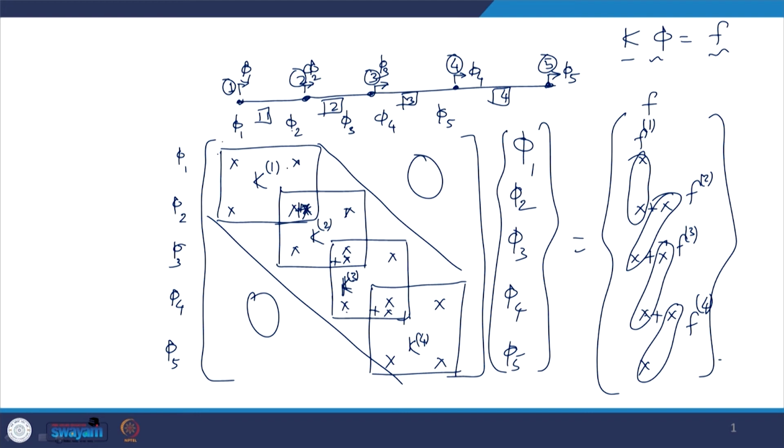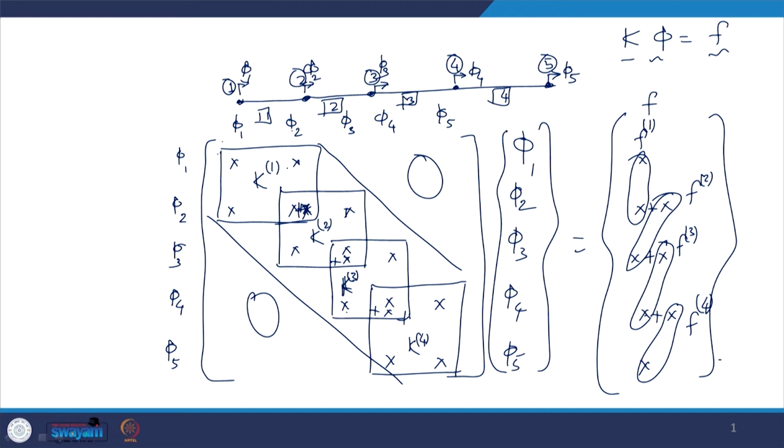The zone of influence is limited to the immediate neighborhood of the element, the degrees of freedom which they share with the adjacent elements. So, that way the structure of the equation becomes very banded in nature.